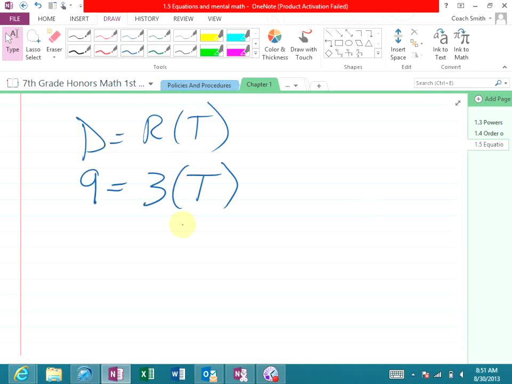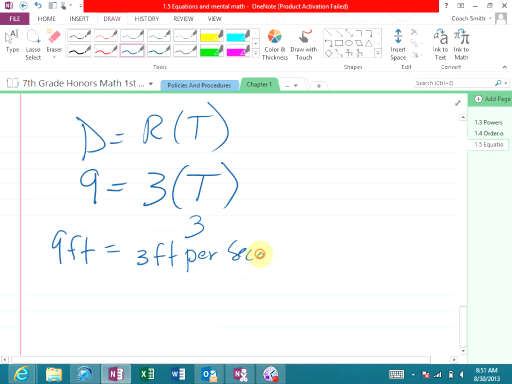Now, the reason we know it's seconds is because of this. I went 9 feet, and my rate is 3 feet per second. Okay? Well, the feet here and here cancel each other out. And then you're just basically dividing 3 into 9. 3 into 9 goes 3 times, and that's per second, so it is 3 seconds.